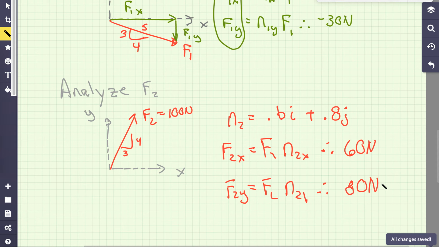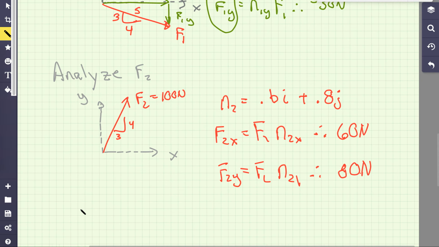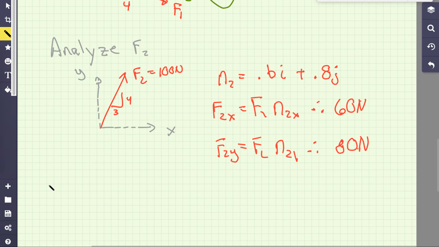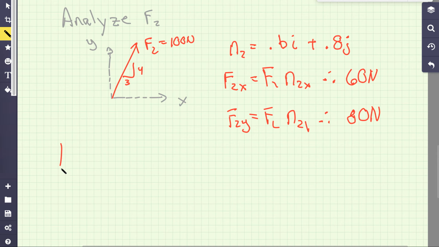So now we want to add these all up in the resultant. In vector form, the resultant is equal to the F1 vector plus the F2 vector.